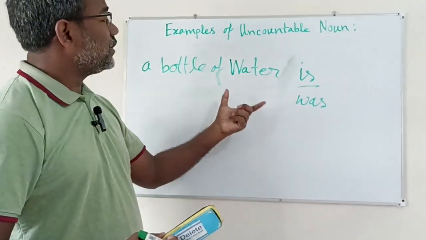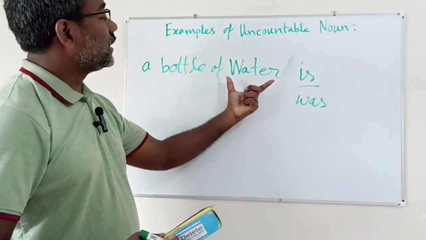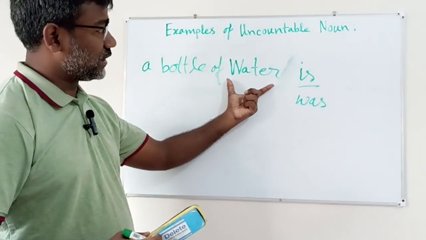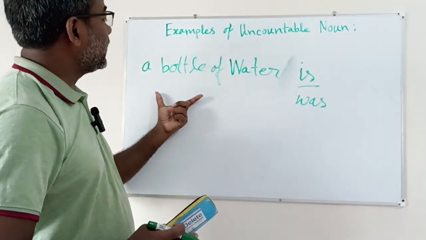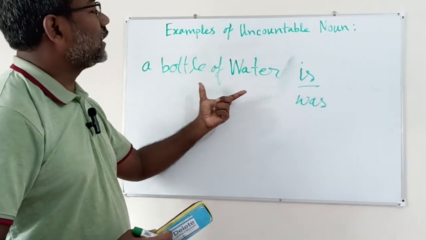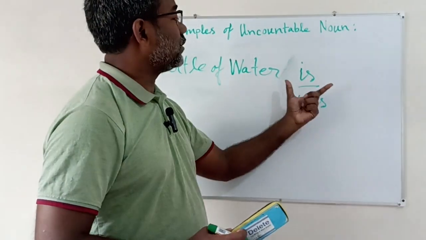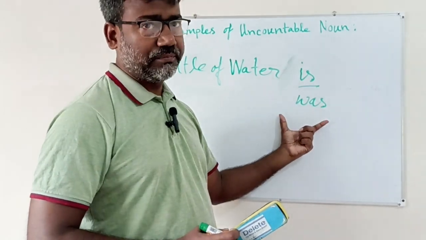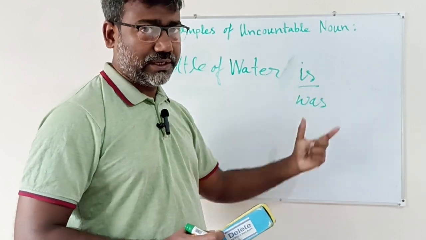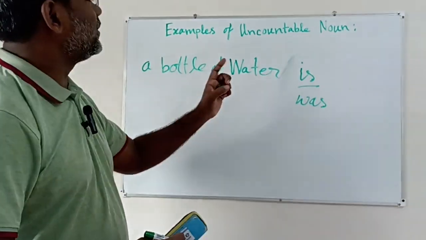So the rule says you can't use a, an or any numeral before an uncountable noun. You can use any measure word before an uncountable noun, and after the uncountable noun you have to use a singular verb. You can't use plural verbs are or were. So this is very important.